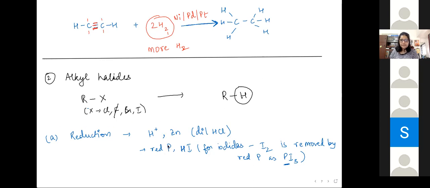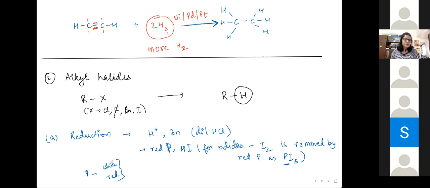Red P is red phosphorus. Phosphorus has allotropes: you have white phosphorus and red phosphorus, and then violet phosphorus and black phosphorus, but those need very high temperature. White phosphorus is the one that explodes and lights up spontaneously, like you put it in water or just in air and it catches fire.